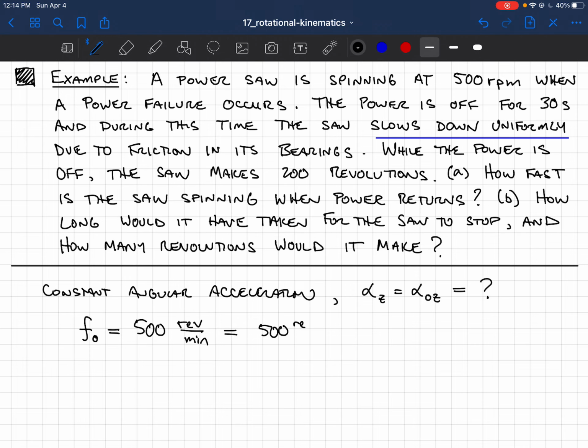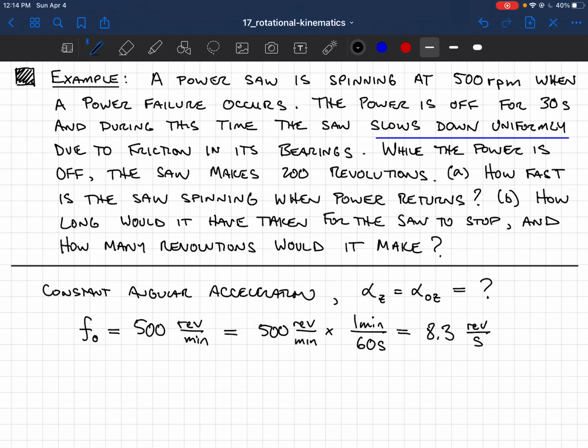So that's 500 revolutions per minute times 1 minute over 60 seconds. So what is that? Well, it's 50 divided by 6, which is about 8.3. That's how fast the saw is spinning, 8.3 revolutions per second.